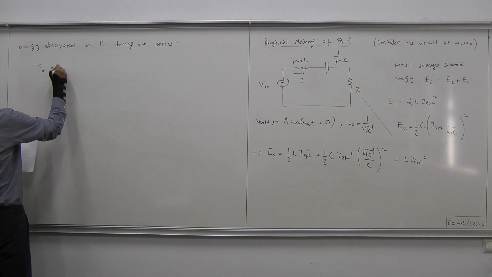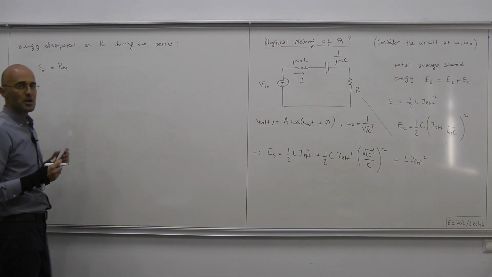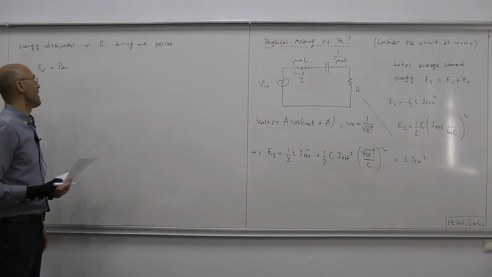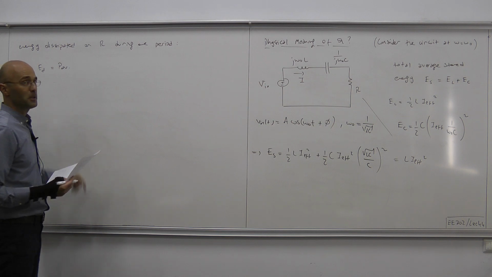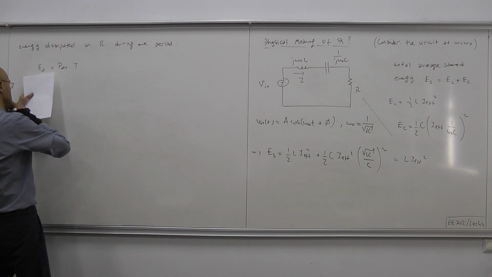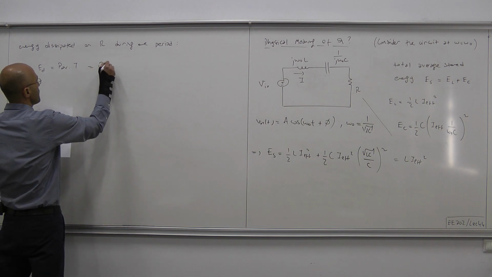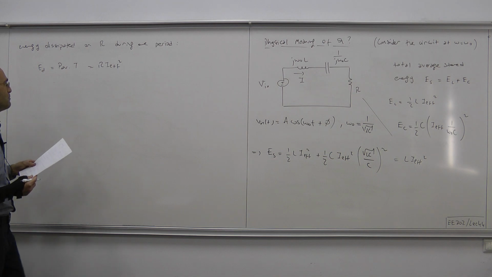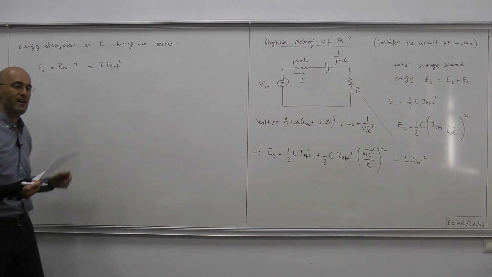That equals the average power absorbed by the resistor multiplied by the period T. That equals R times I effective squared, and the period is 1/f, and f is what?